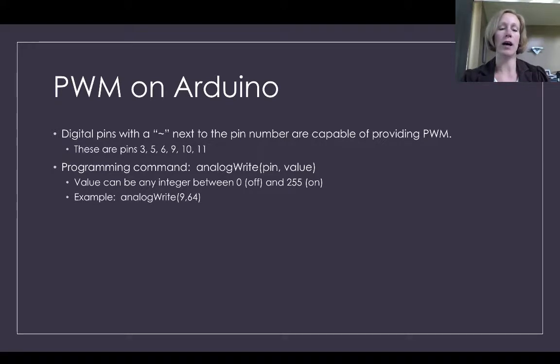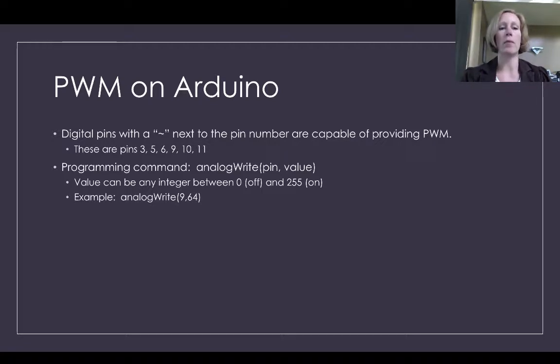The programming command that we use to accomplish PWM is an analog write command, and we need to tell it what pin to analog write to and what value we want to give it. That value can be any integer between 0, which is off, and 255, which is on all the time. So 100% duty cycle would be 255, 0% duty cycle would be 0.